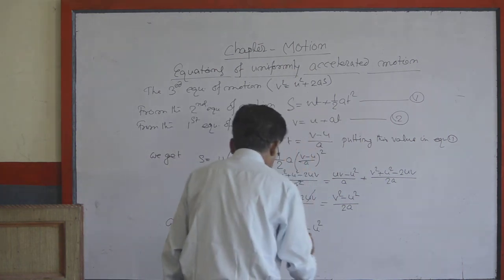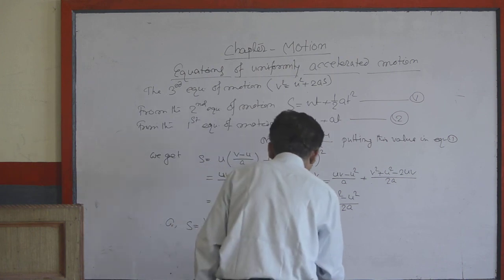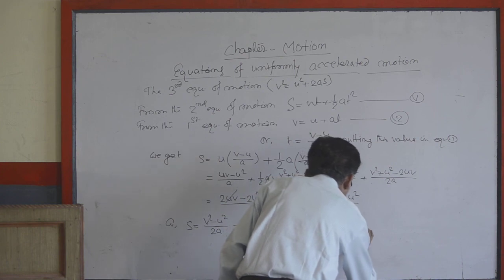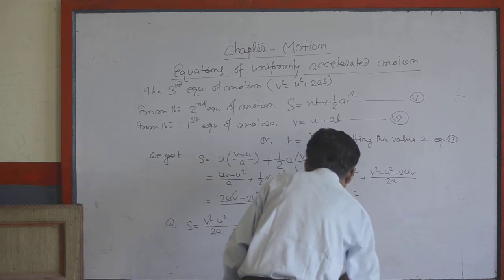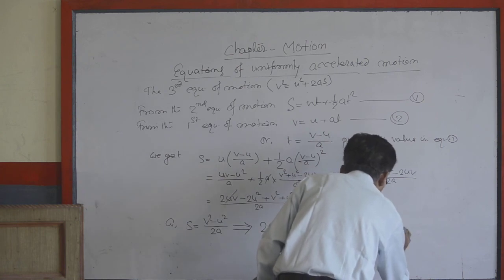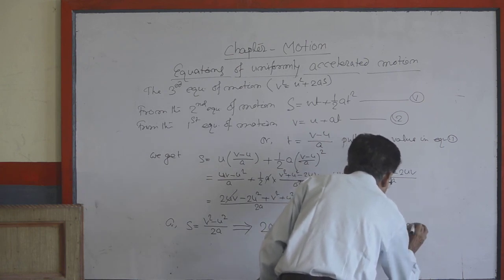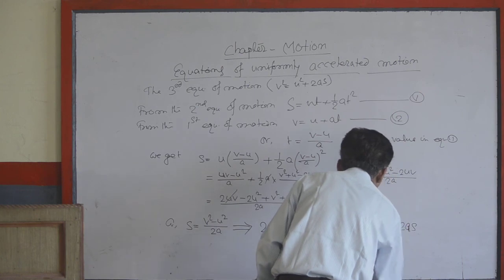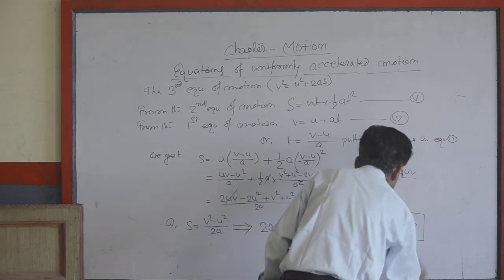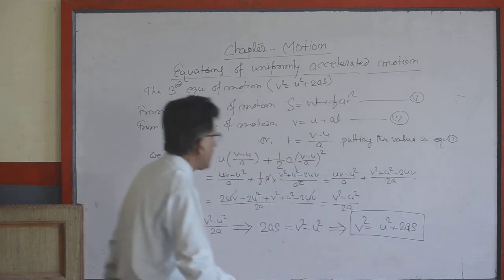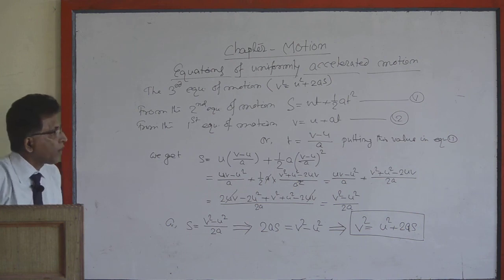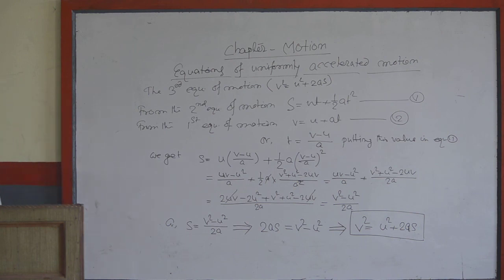From this, v square equal to u square plus 2as. This is the proof of the third equation of uniformly accelerated motion.